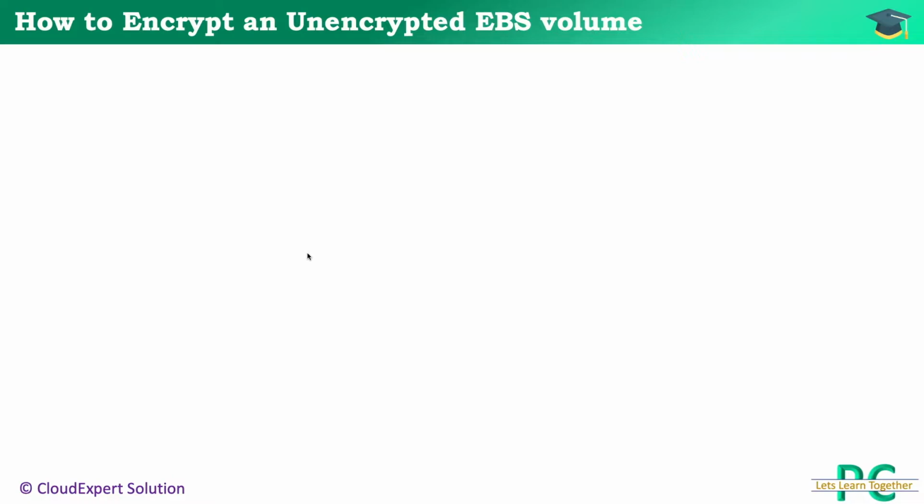Now let's get started and let's see the use case first. You might have a requirement to encrypt data at rest when you are storing the data in AWS Cloud. As you know, EC2 is AWS Virtual Compute Capability and EBS is the network volume. Now to process any data in an EC2 instance, you might have to store the data in the EBS volume, and you might have to encrypt the EBS volume to store the data.